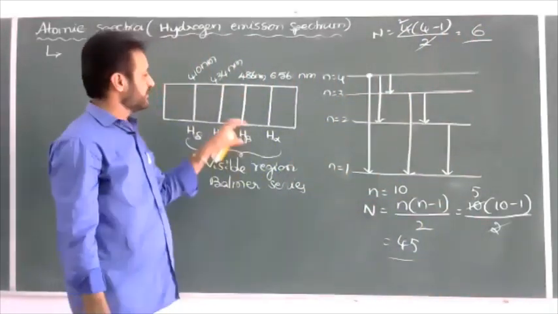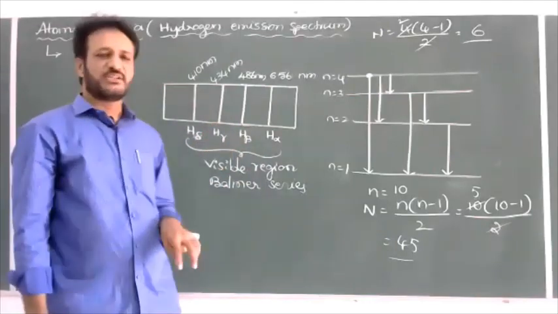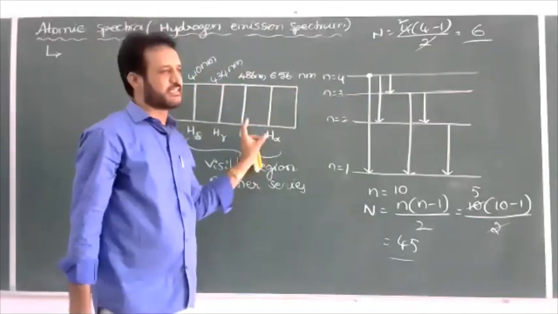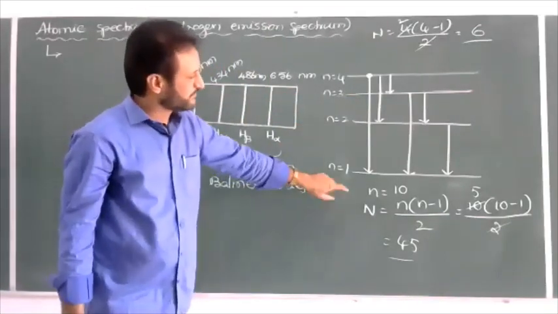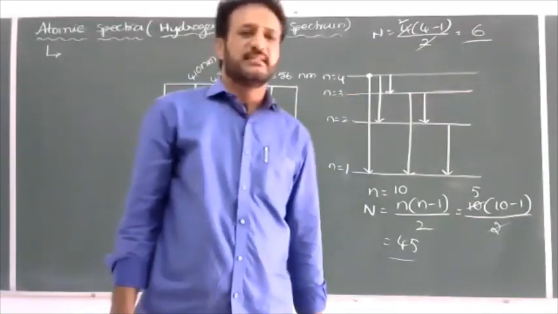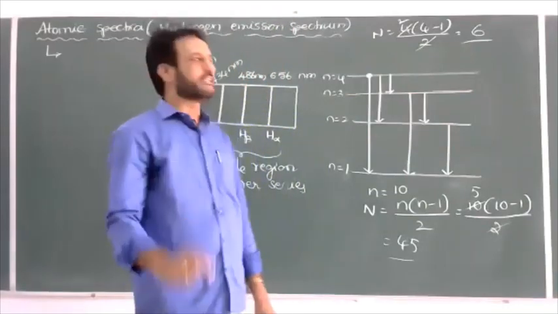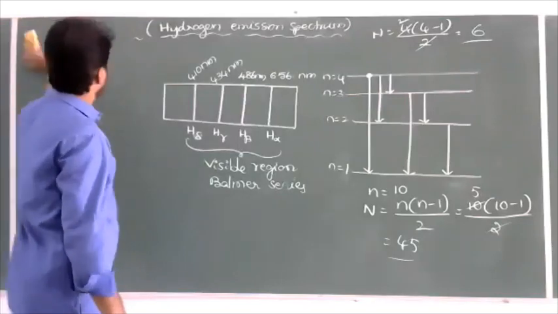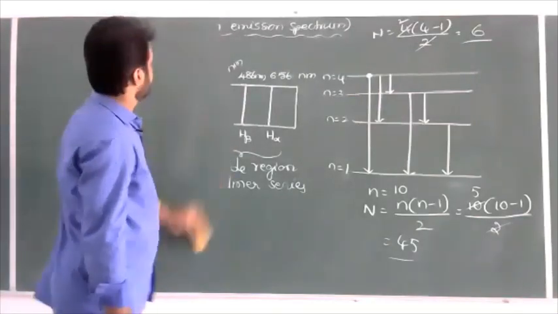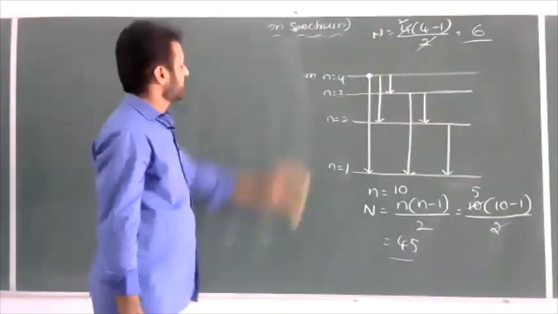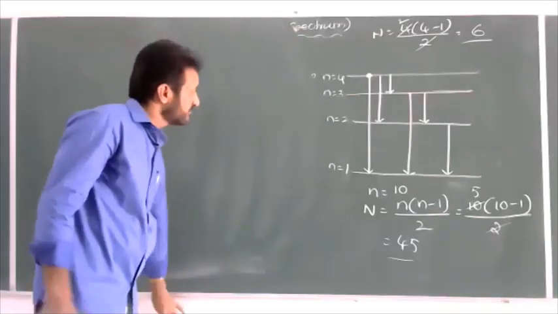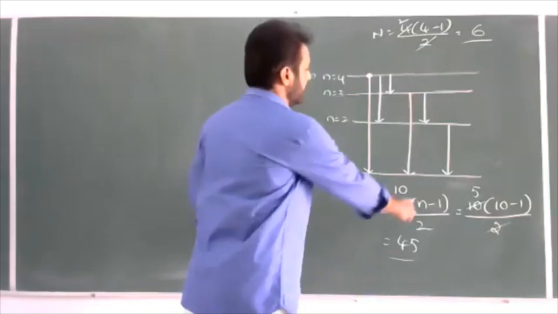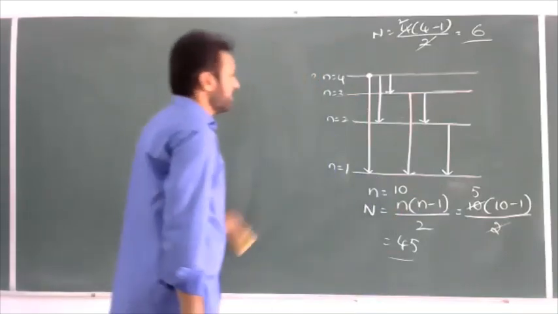That's important. It is about the hydrogen spectrum and also the line emission spectrum of hydrogen. And we have to understand what the spectral lines are like this. Correct? Note down this one. Number of spectral lines, capital N is equal to n into (n minus 1) by 2.